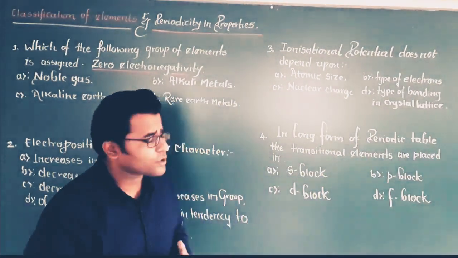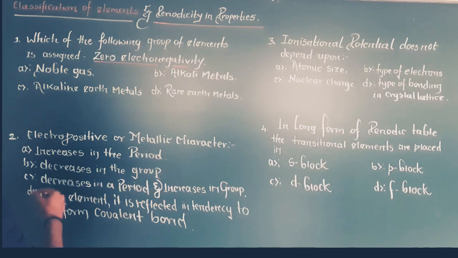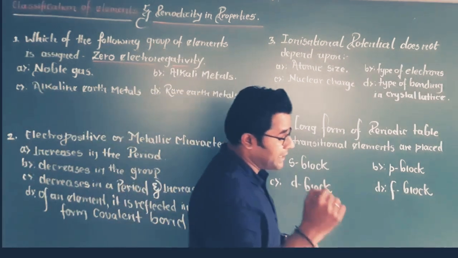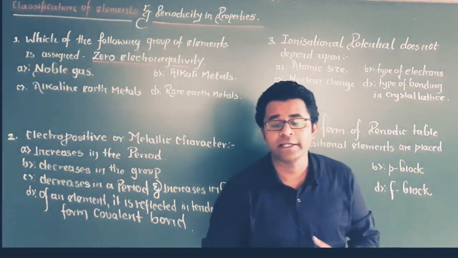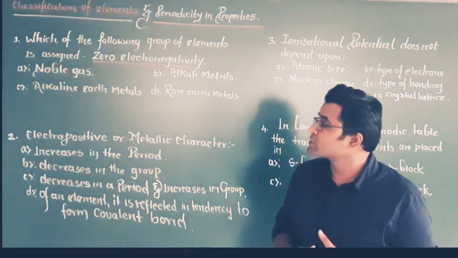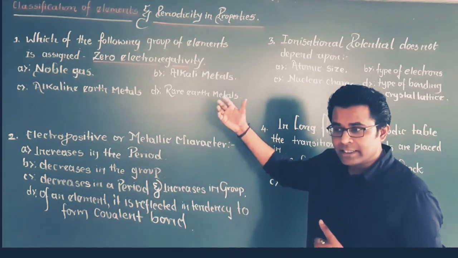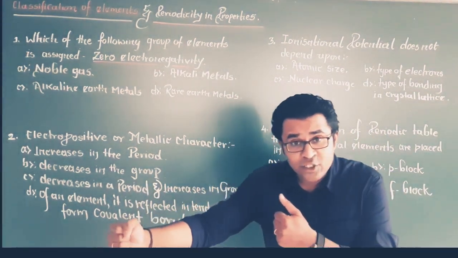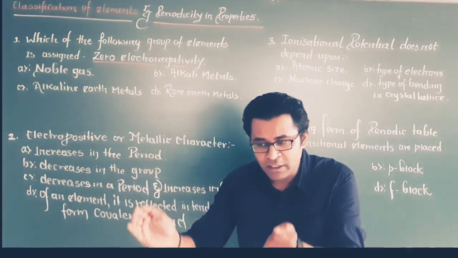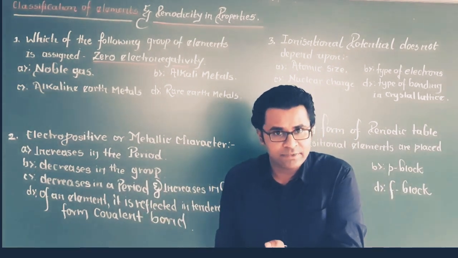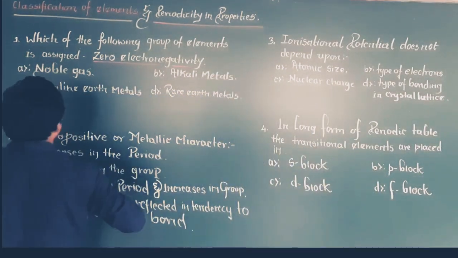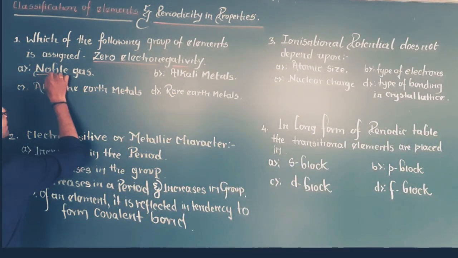Starting with the first question: which of the following groups of elements is assigned 0 electronegativity? Electronegativity, we have already completed the concept. That means the ability of an atom to drag the shared pair of electrons between the 2 combined atoms, right? So observing the options, the first one, noble gases.